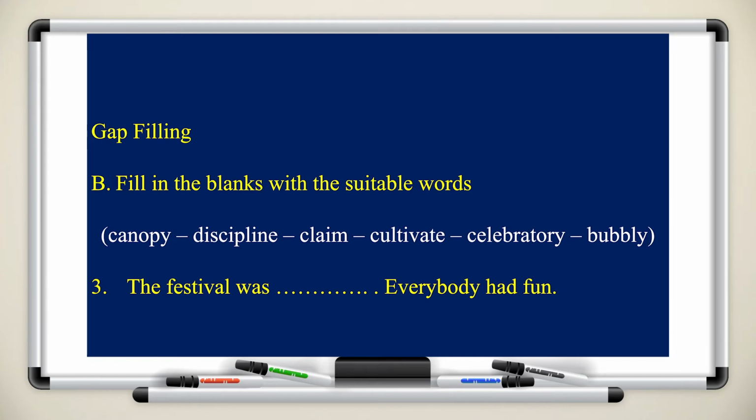How about number 3? The festival was blank. Everybody had fun. Choose the correct answer. And I repeat, you will choose the correct answer if you know the meaning of these words. And the correct answer is bubbly.